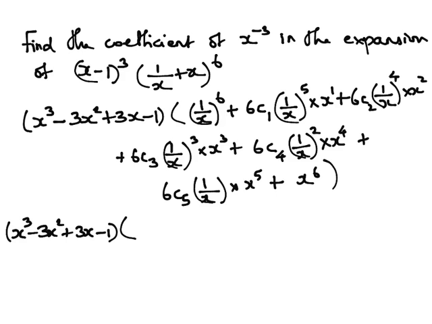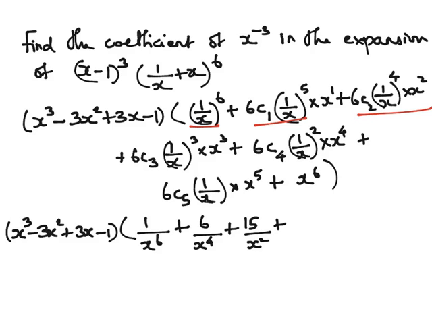Now this first expression will become 1 by x power 6 plus, now the second term, 6c1 is nothing but 6, so it will become 6 by x power 4 plus, now the third term, when you simplify it, 6c2 is nothing but 15, so you'll get 15 by x squared.